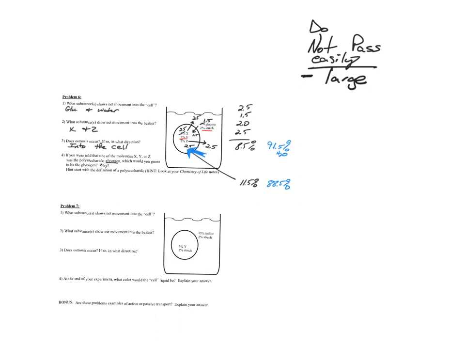Color is irrelevant. Come on, guys. When you see this line, what are you supposed to be thinking about? What is this made of? Phospholipids. What's in the center? Hydrophilic? No, hydrophobic is in the center.